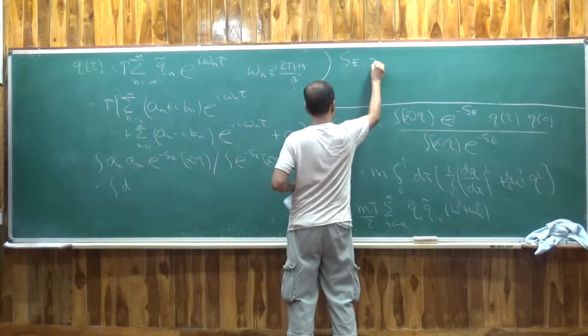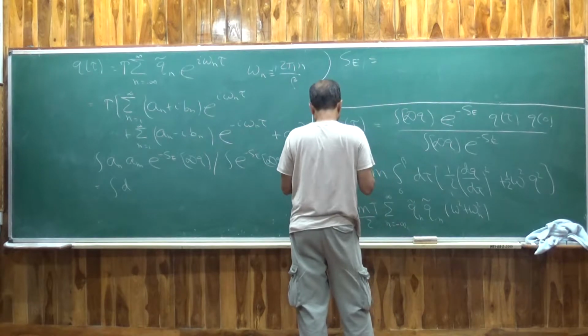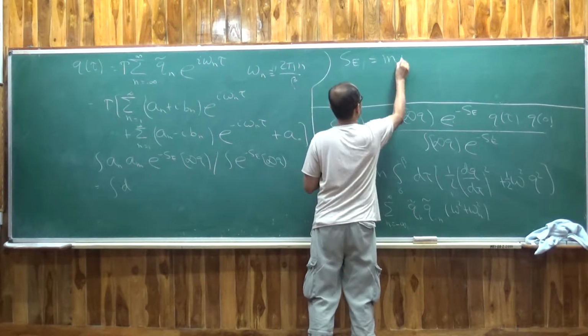Q in terms of Qn is given here, in terms of ans and bns.